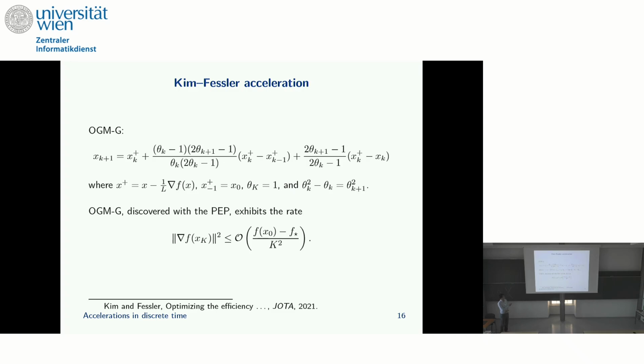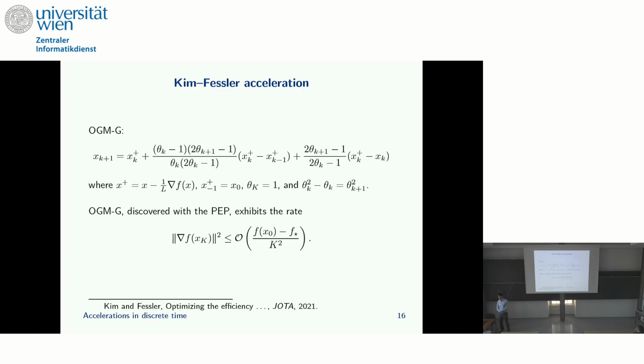I'll come back to this specific value later, but for now, let's just think of it as an iteration-varying positive momentum coefficient. And then there's what I call a correction term, which is not that important, but it's a positive number. So the coefficients are different from Nesterov, but the overall form is quite similar. And this algorithm achieves a 1/k² rate on the squared gradient magnitude.